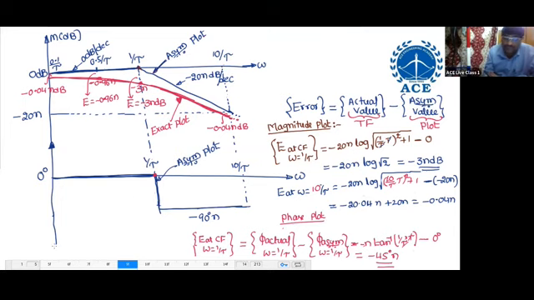For example, if phi actual is minus n tan inverse of 1 by tau into tau, minus phi asymptotic, you can take minus 90 degrees n also. Tau cancels, so you get minus 45 degrees n plus 90n.